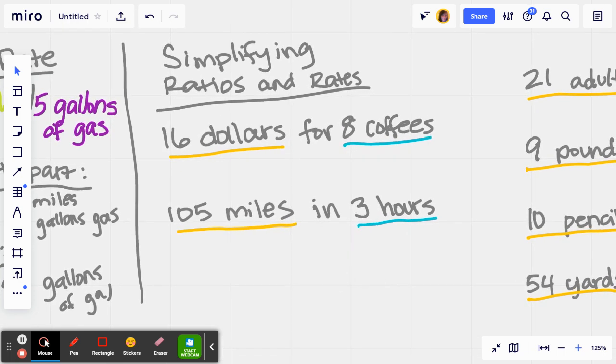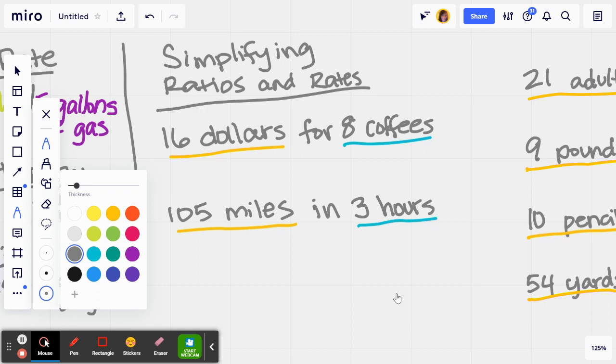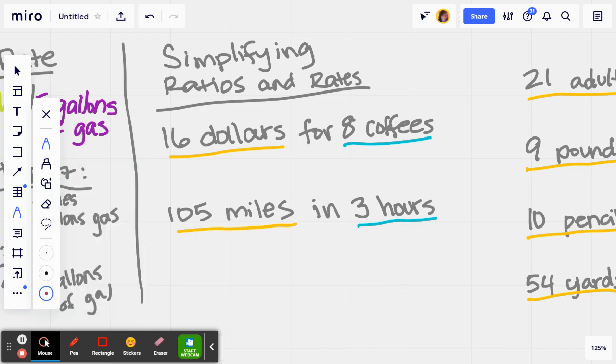So my first question for you is, when we're looking at this, $16 for 8 coffees. Is that a ratio or a rate? $16 for 8 coffees. Are the units the same or different? Okay, $16 for 8 coffees. Our units are dollars and coffees. Those are different. So this is a rate.